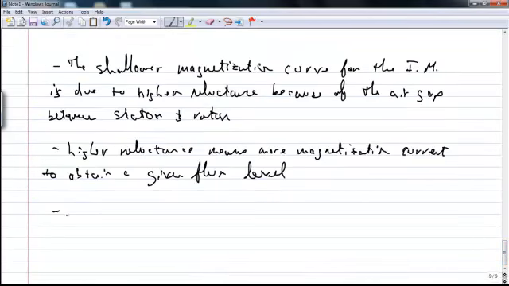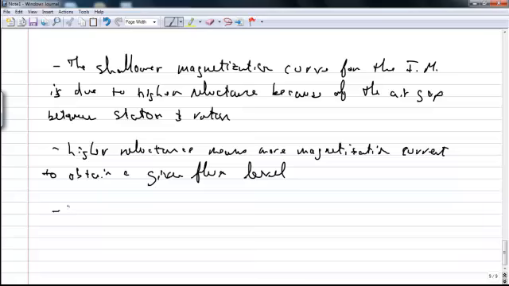And the transformer model differs from the induction motor model because of the effects of the varying frequency on E sub r, and therefore on the rotor impedances R sub r and X sub r.